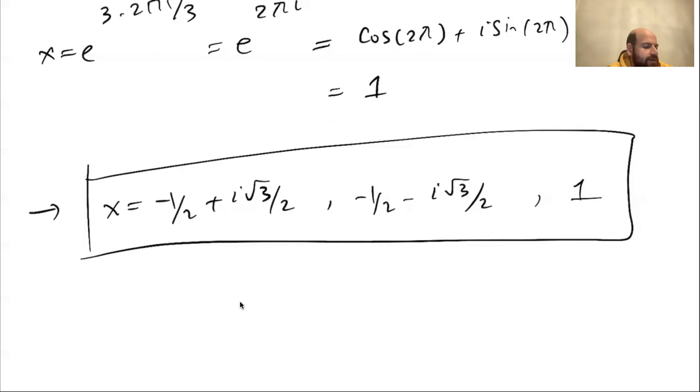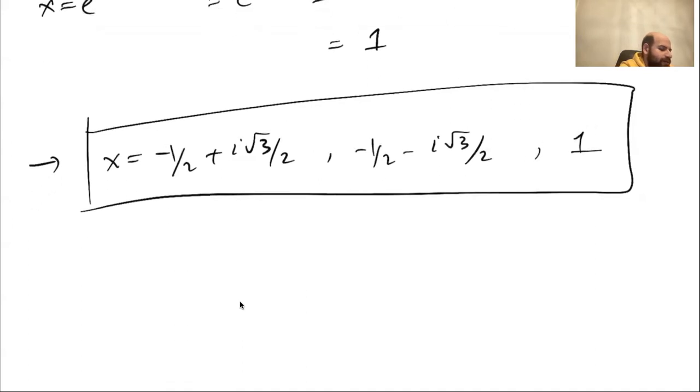All right, so these are the solutions for x to power 3 equals 1. As an exercise, you can find the solutions of x to power 4 equals 1 or x to power 5 equals 1. And in general, we just showed that x to power n equals 1 has exactly n solutions, and we found those n solutions.